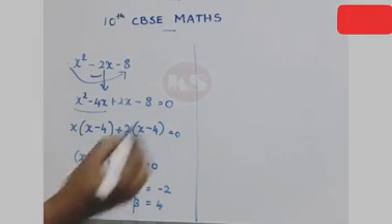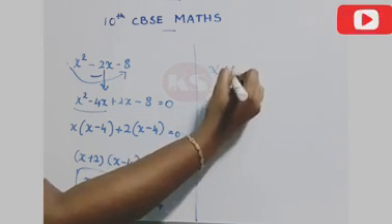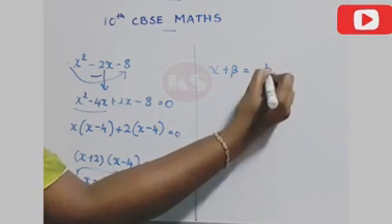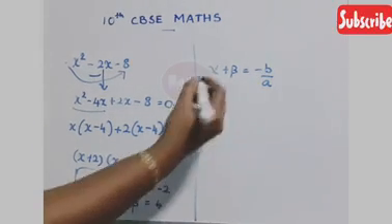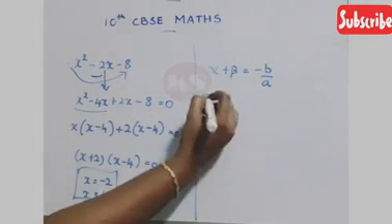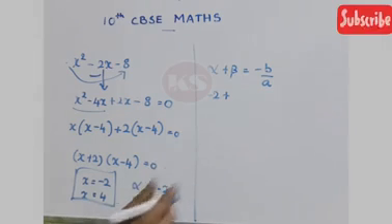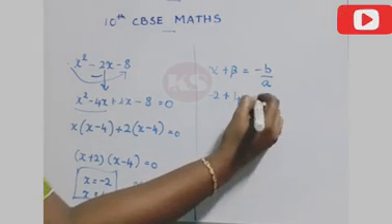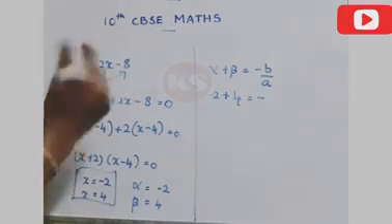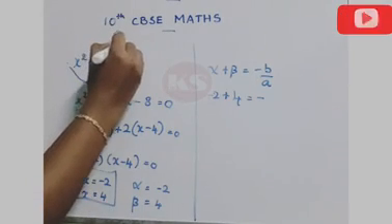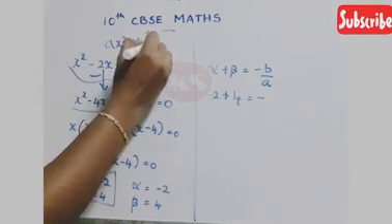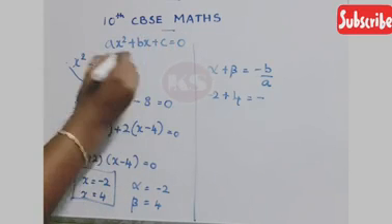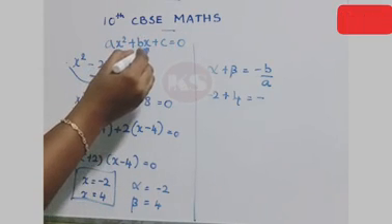What is the relationship? First, sum of zeros is equal to minus b by a, right? So sum of zeros: alpha is minus 2 plus beta is 4. We have to compare this general form with this equation. b is the coefficient of x.